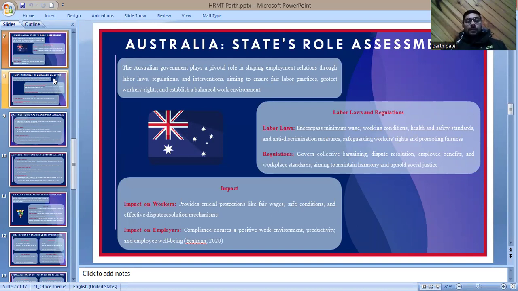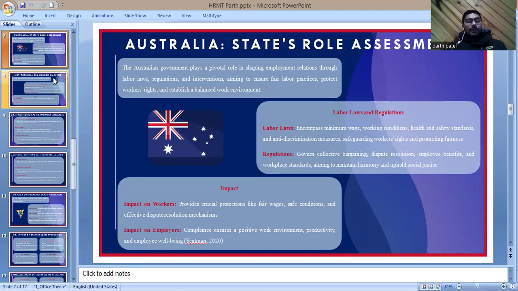And they also have some impact on workers and impact on employers. Labor laws and rules are the basic structure ensuring the fairness of wages, safe conditions, and effective dispute resolution mechanisms.